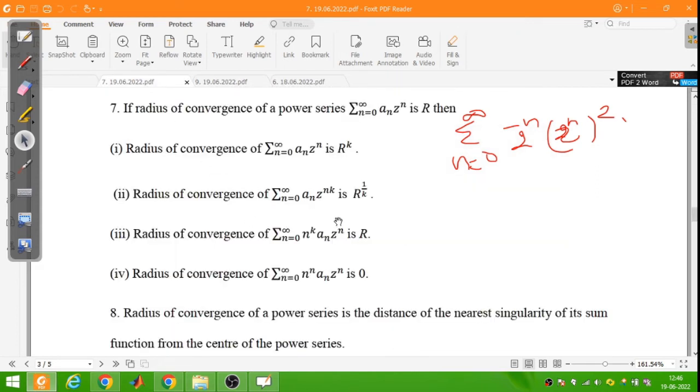Again you go through it. This is z power n the whole power k, not nk. Nk and n power k are not equal.